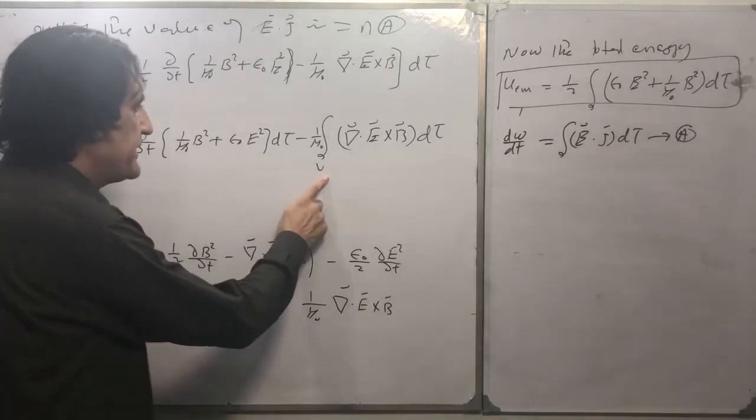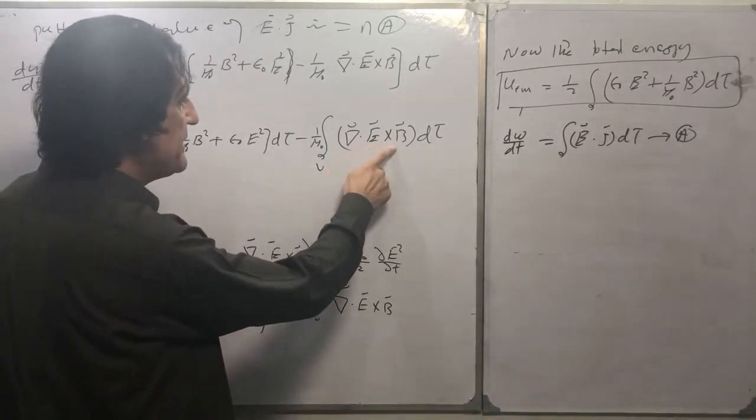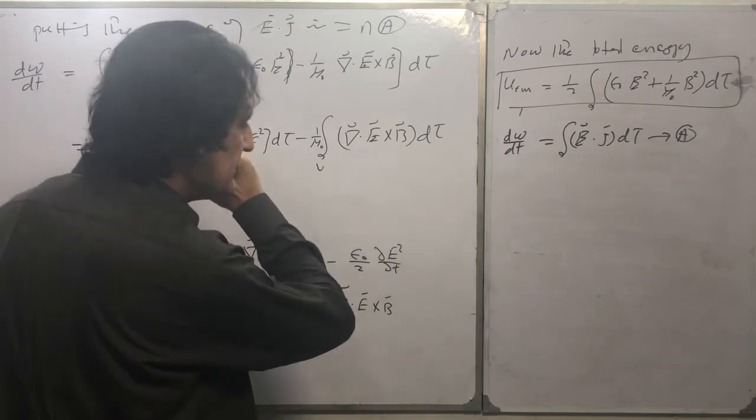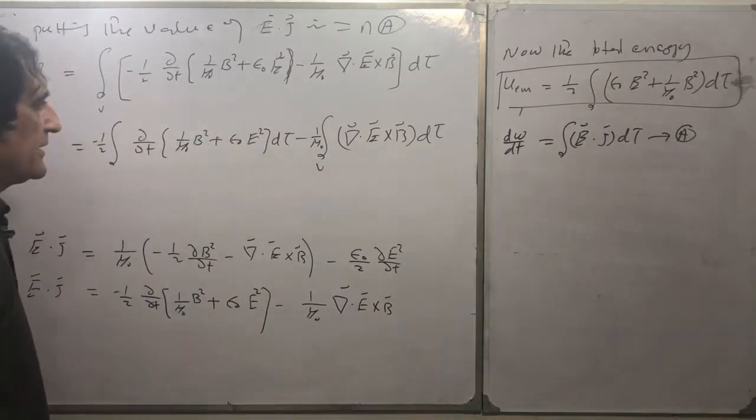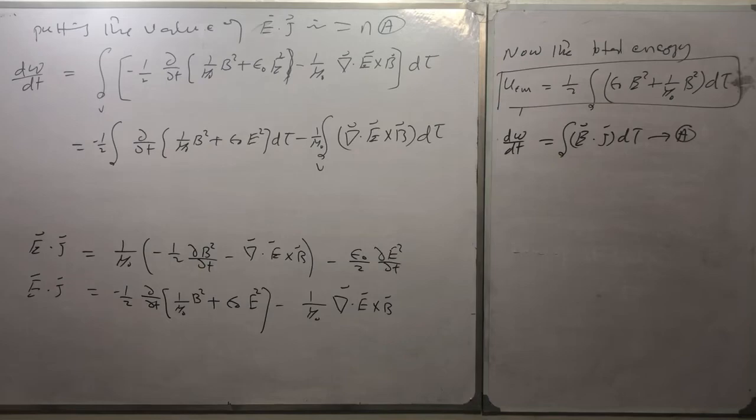This is a volume integral, and this is the divergence of E cross B. We can use the divergence theorem, and this can be converted to a surface integral.